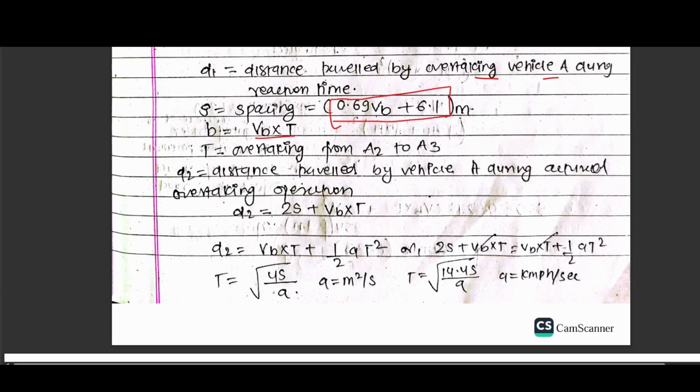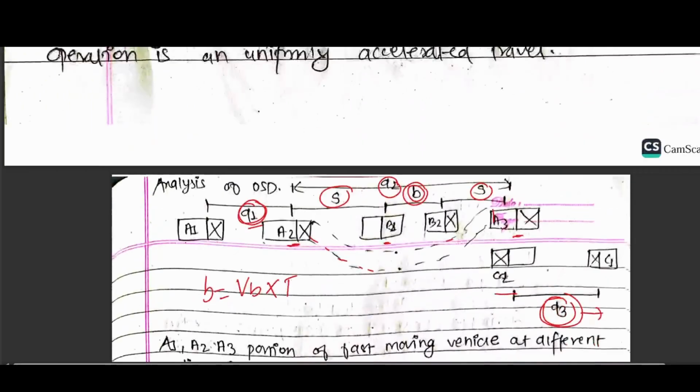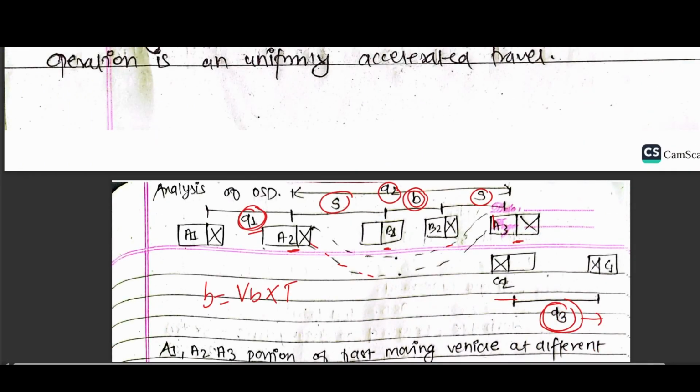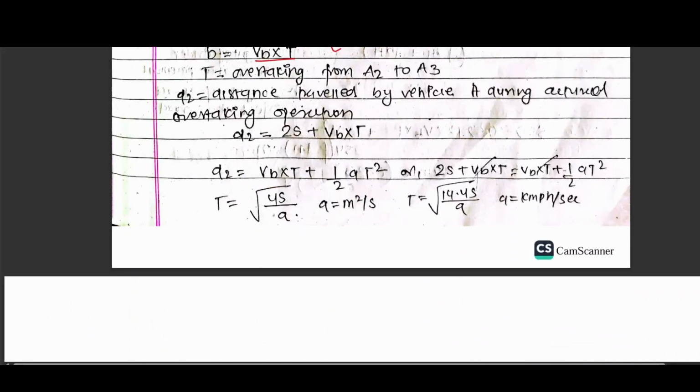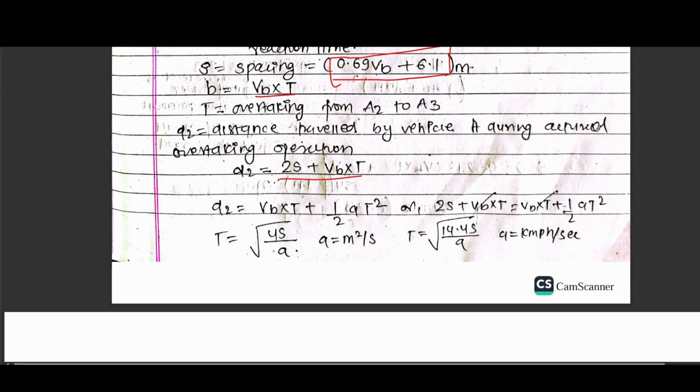And t is the overtaking time, and d2 is the distance traveled by vehicle a during the actual overtaking operation. That means in the actual overtaking operation, how much distance do I cover? S distance, b distance, and s distance, that is I covered d2 distance, which is 2s plus b. I use the equation s equals ut plus half at square.